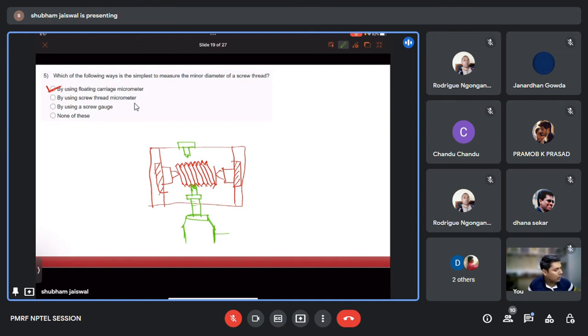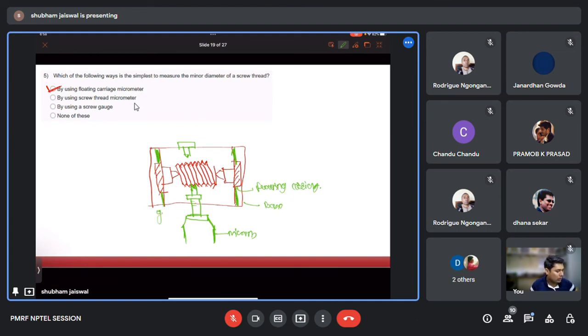So here I will have a micrometer. This is the floating carriage. This is the base, and these green colors are the guides.